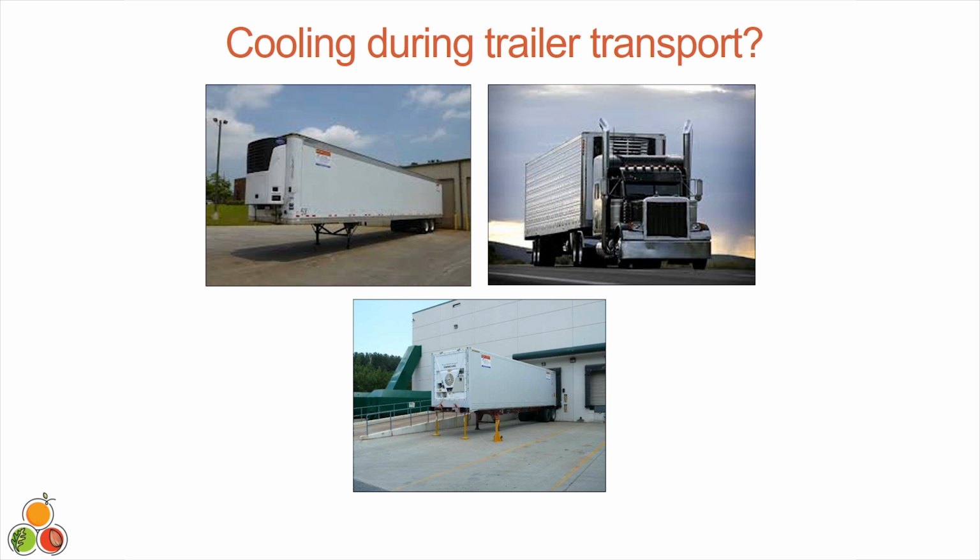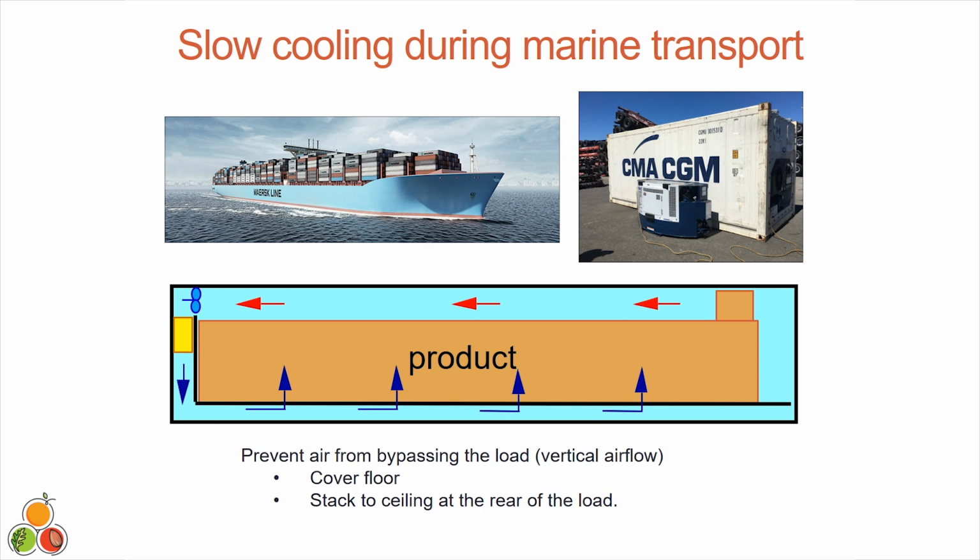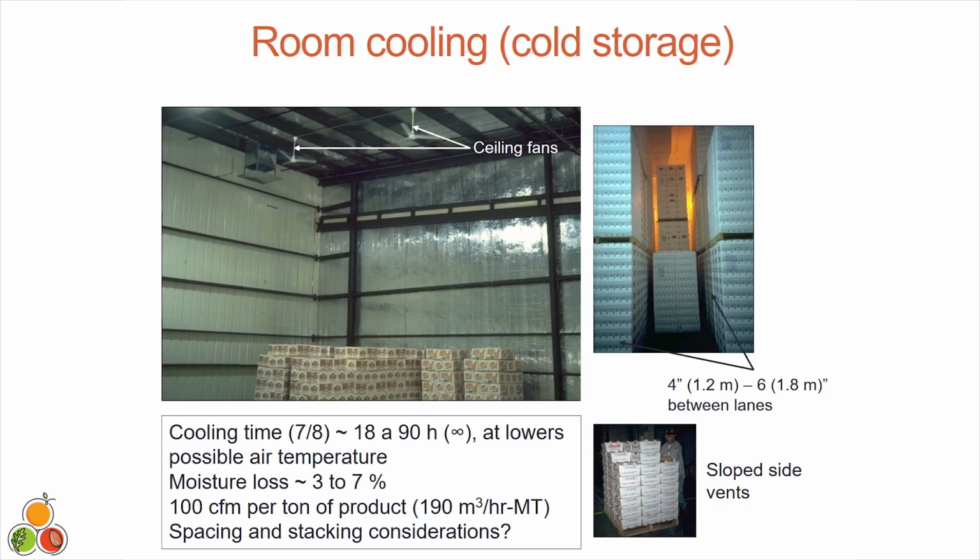So we talked about cooling during transportation, and as we mentioned, product temperature drop is rare in trailers. If you learned something today, I'm happy if this is what you learned. There is slow cooling during marine transportation, but you don't need to depend on this either. Room cooling, and the reason why we have other methods of initial cooling: let's look at these numbers right here.